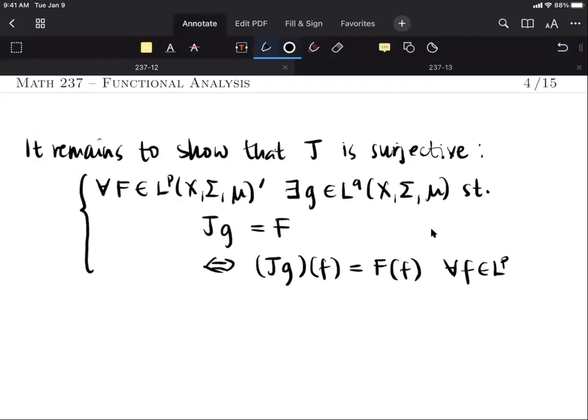So two functions are equal if the function values coincide at all points in their common domain.